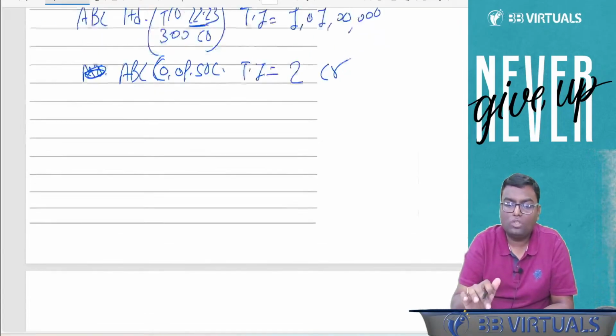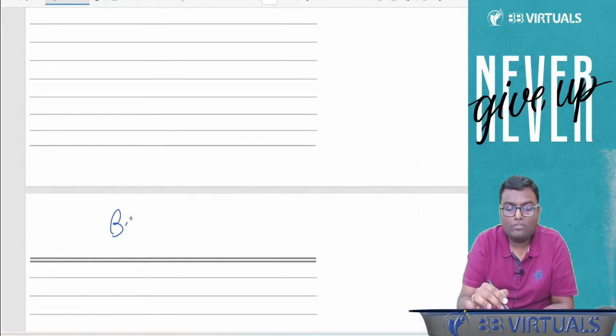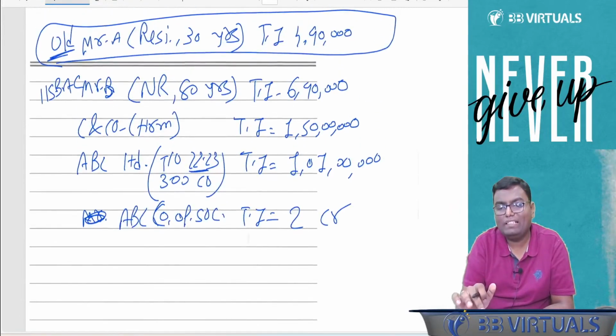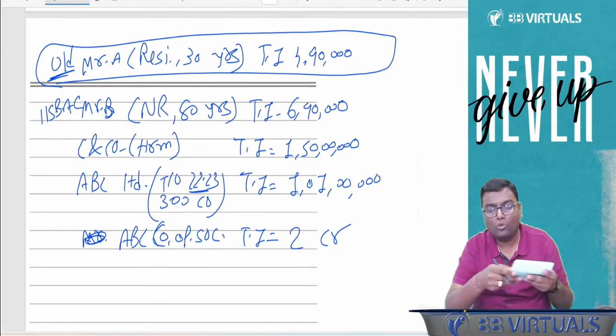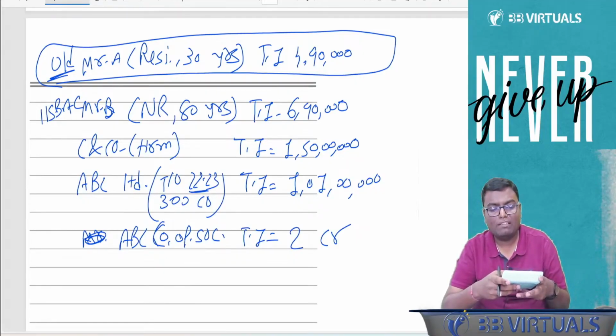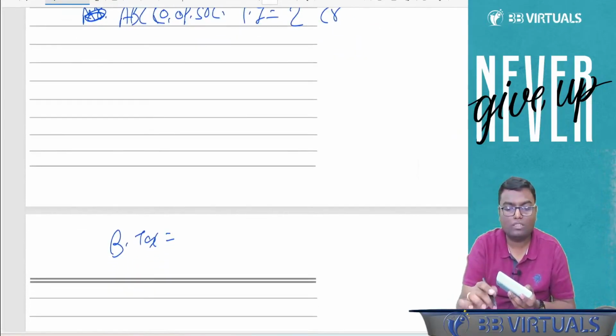Okay. First of all, we need to calculate the basic tax over here. If my total income is 4,90,000, then what will be the basic tax as per old regime? Can I say 4,90,000 minus 2,50,000? Of that, what will I apply? 5%. That will be 12,000.